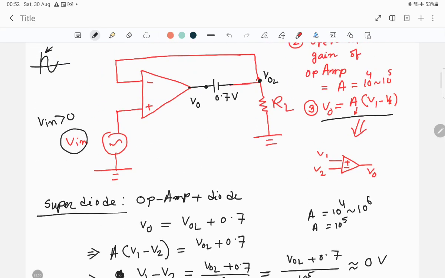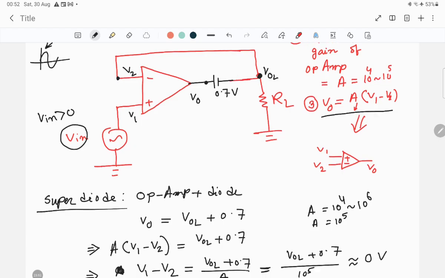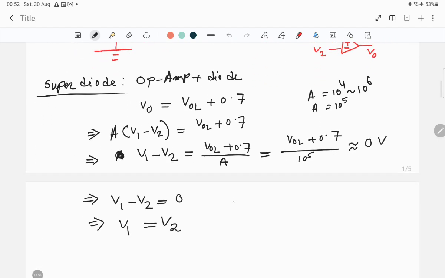Whatever signal you have provided will appear at V2, and V2 is definitely connected with V0L, so V2 will also equal V0L, which is definitely my V1.